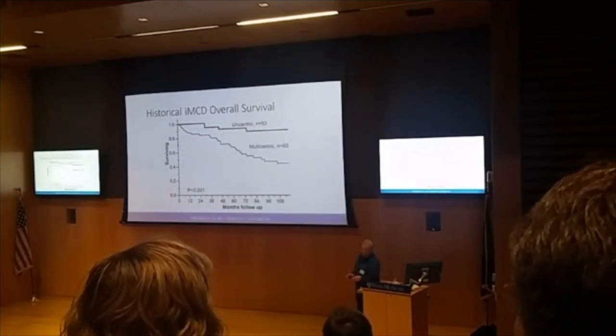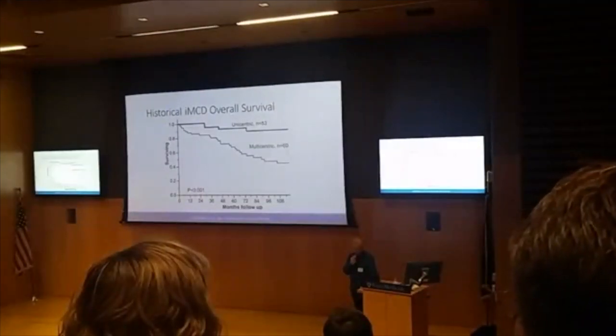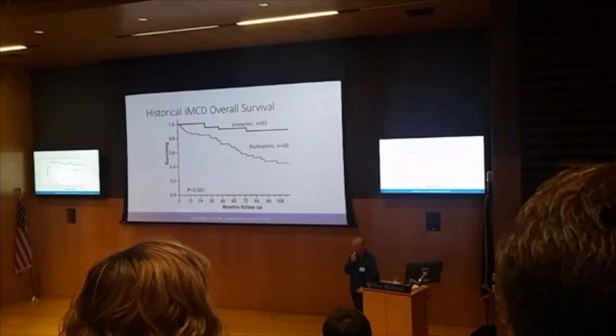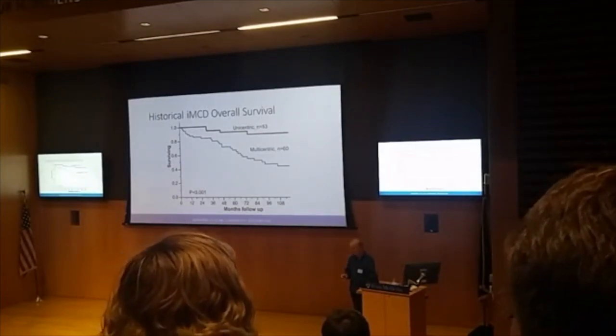So the historical outcome of multicentric Castleman's disease is that the 5-year survival is in the order of 65%. And this afternoon we'll have Dr. Oksenhendler from Paris here, who's one of the world's experts on Castleman's disease. He recently published his data, and his data are much better than this. So it does make a difference where you're being treated.